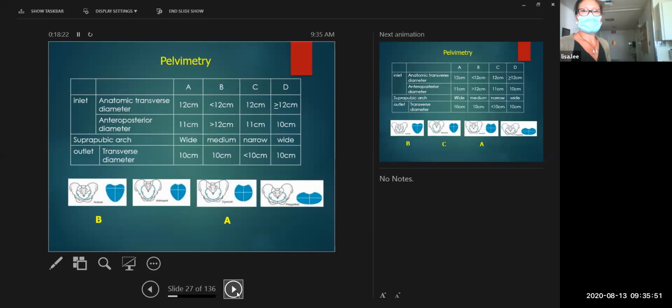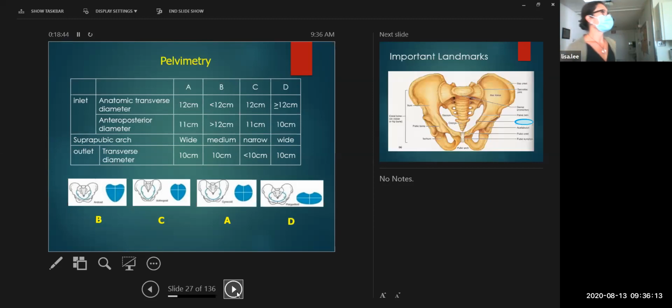And I think the difference between B and C has to do with the suprapubic arch, right? So C is your anthropoid, and it has that narrow arch, which makes it more heart-shaped. So it's more of a point as opposed to rounded, because it's got that narrow suprapubic arch. And then D is your platypelloid pelvis.